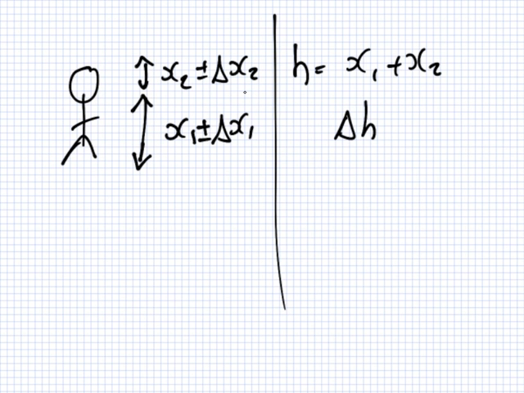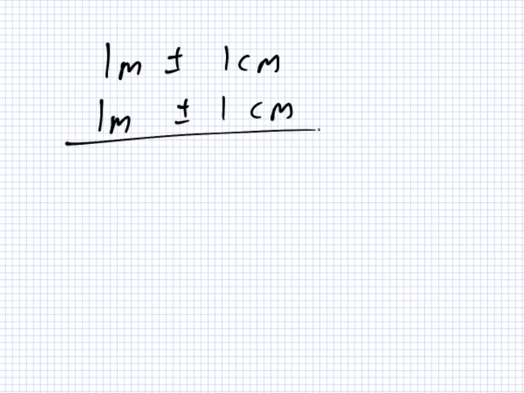No. Well, kind of, but not at first. There's an easy way to do it. Think about it like this. Let's say I measure something and it could be 1 meter plus or minus 1 centimeter, right? And then I measure it again and it's 1 meter plus or minus 1 centimeter. And I add the two answers together. So the total height is 2 meters. In the worst case here, we could be 1.01 and 1.01. That's the biggest case. If we were this wrong twice, then we were off by 2 centimeters.